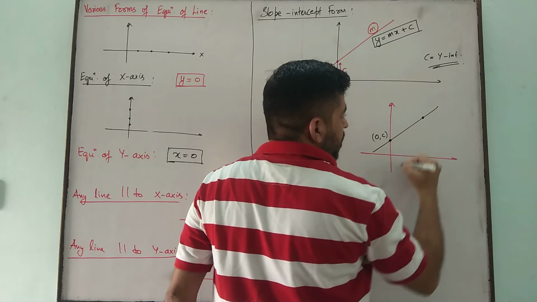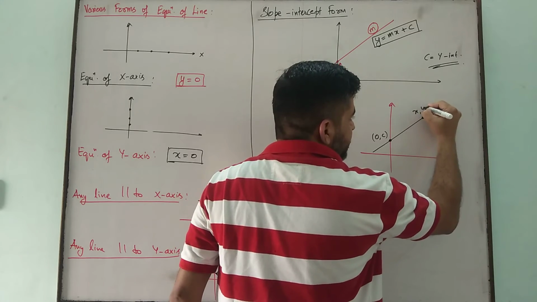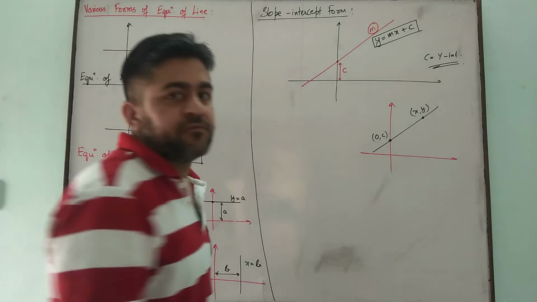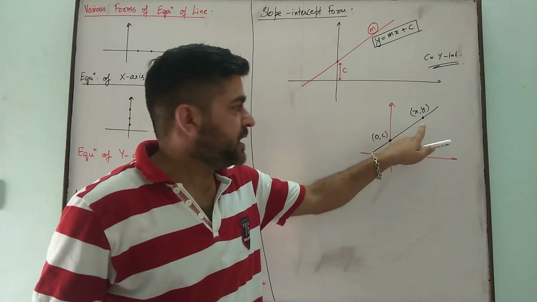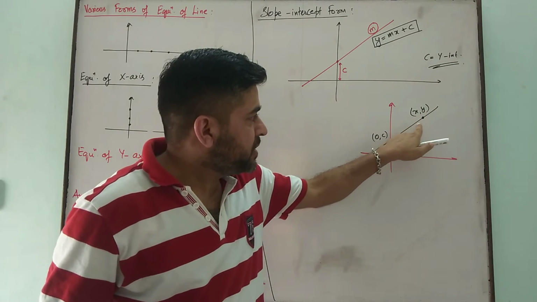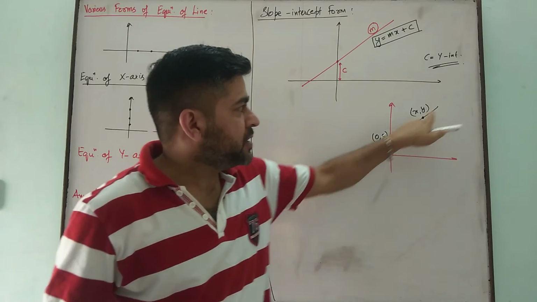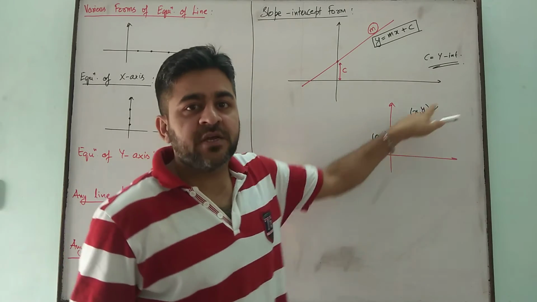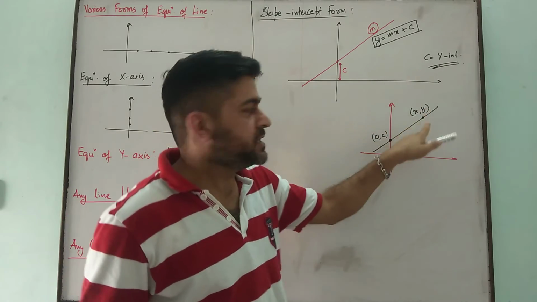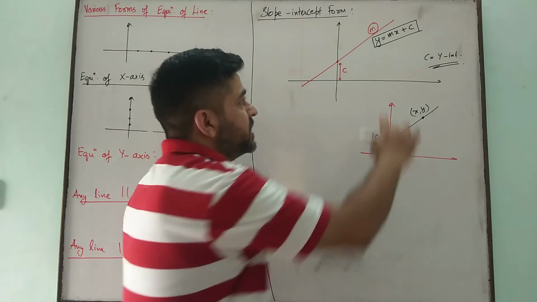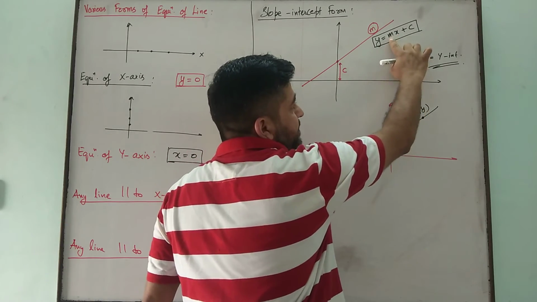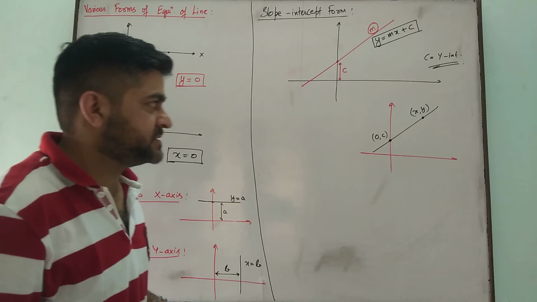Any point on the line will be a general point, that is (x, y), variable. Without variable, you cannot form a line. So this is a general point. It can be here, here, anywhere on the line, which means it forms the line. So (x, y) is the general point. m is the slope. c is the y-intercept.